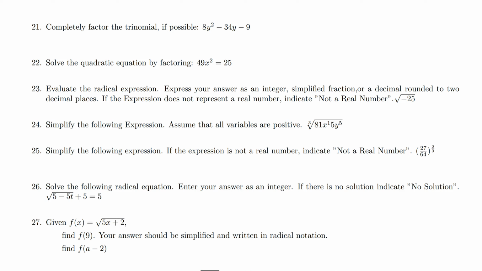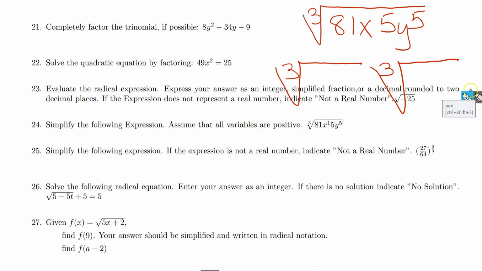Simplify this expression. Okay, so let's put it up here. I'll pause it to save a little time. Now, again, the strategy is to put two sets of radical signs. Under one, we're going to put the greatest perfect factor of a cube here. And as I look at 81, that is 3 to the 4th.